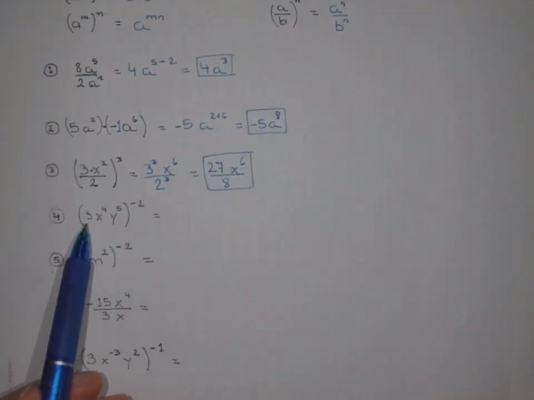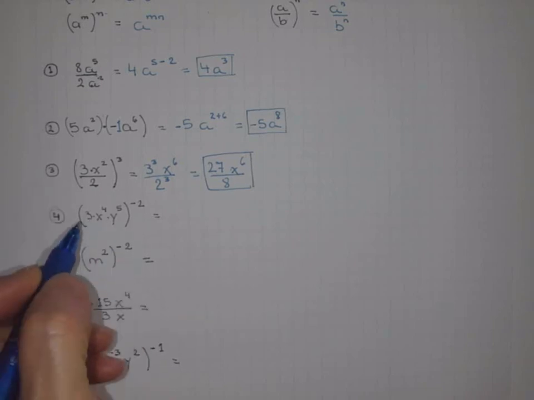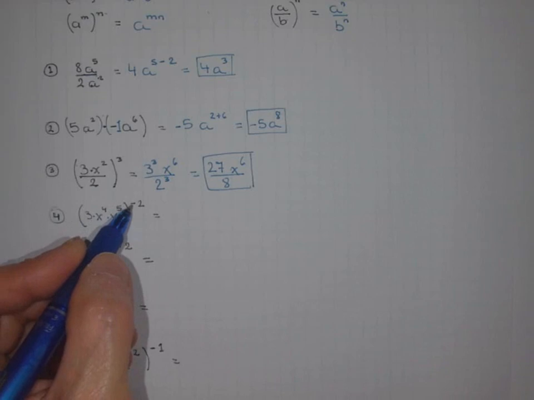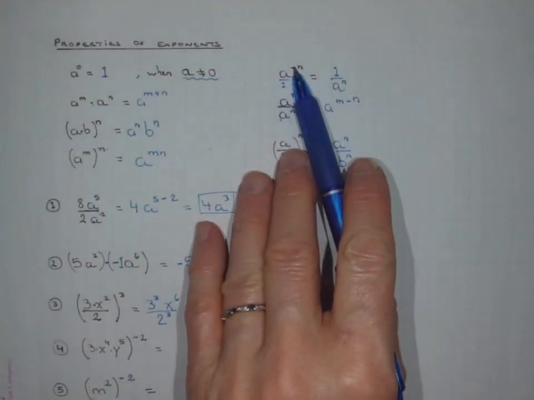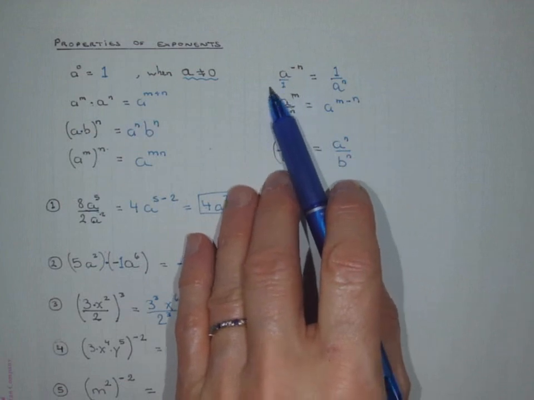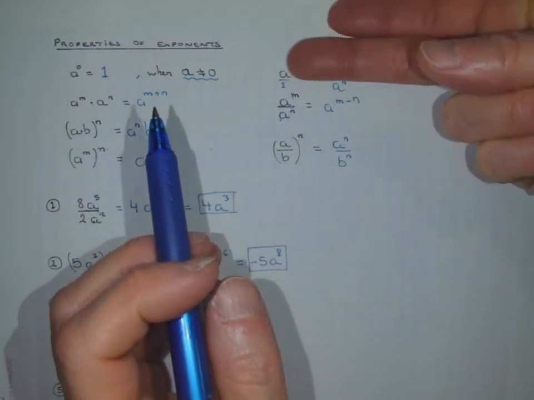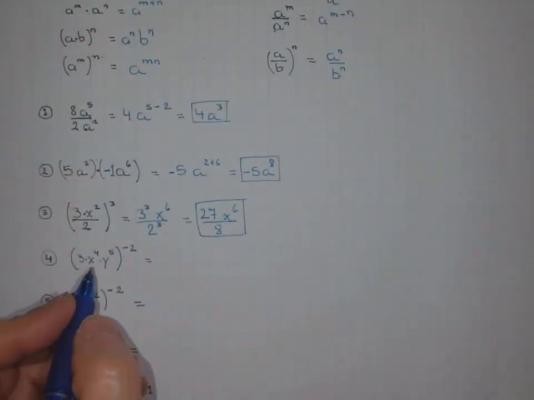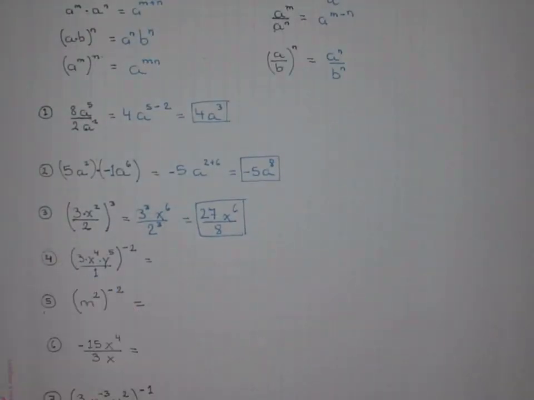Now we have a product, right? All of those are multiplied, and all of those are taken to the negative 2 power. Now remember we said when we have a negative exponent, we're going to use the multiplicative inverse. We're going to take whatever we have, and we're going to flip it, right? Do the reciprocal. So this here is not a fraction, so I'm going to write it as 1 over 1.